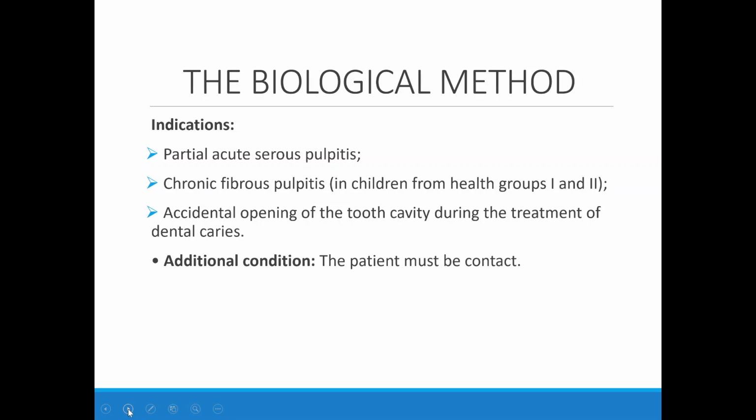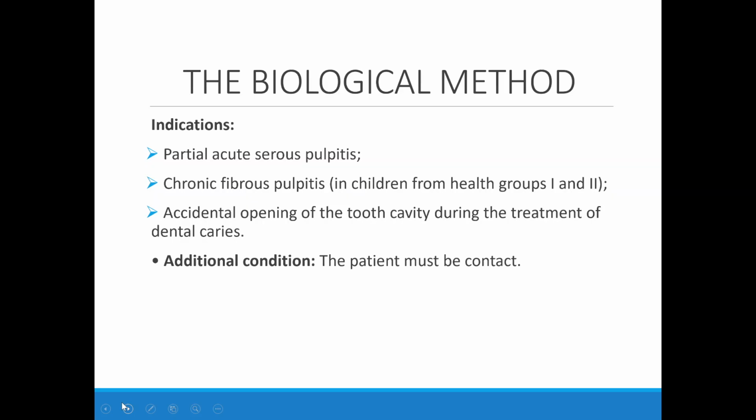For example, you want to remove all softened dentin, and after preparation you found that you opened the pulp chamber and you have exposed pulp. In these cases, you can use the biological method. Please remember, this method we discussed just in primary teeth and immature permanent teeth. So, additional condition, of course, the patient must be cooperative.